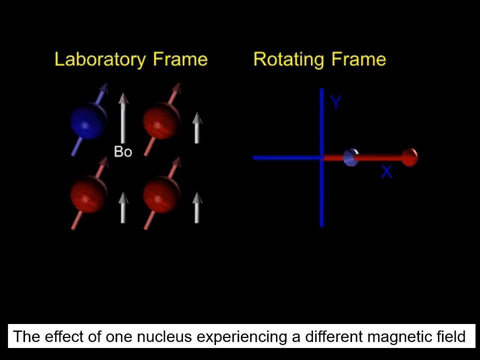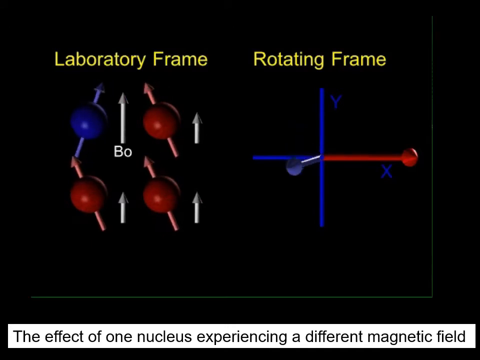On the right, we will look at what the vector sum of these nuclei is in the frame of reference of the red nuclei. As we start, we see that the blue nucleus is aligned with the three red nuclei, and their vector sums will be additive. Let's watch what happens when we play the animation.